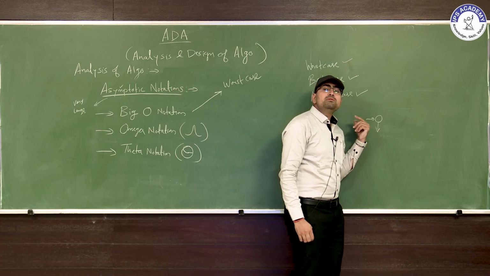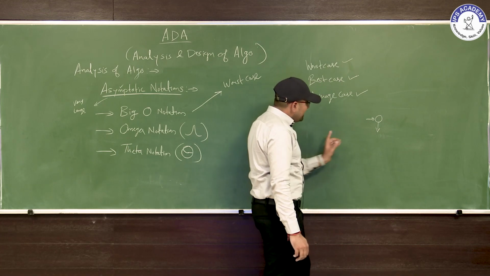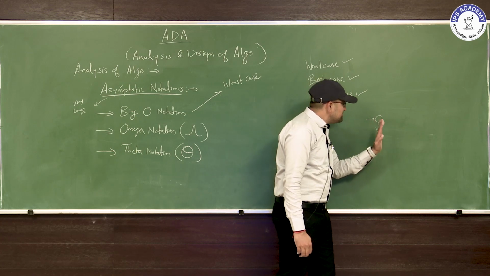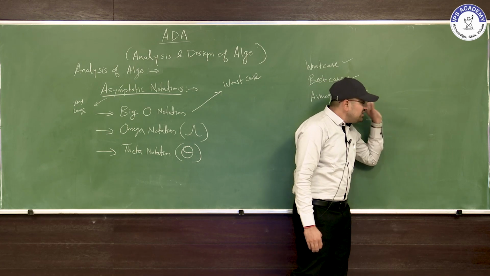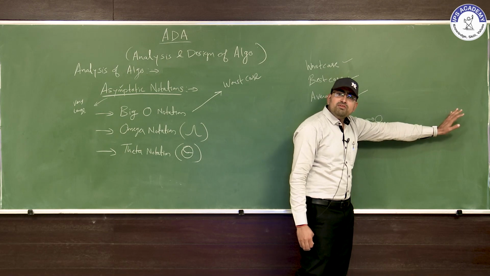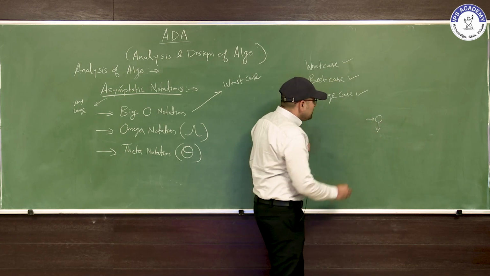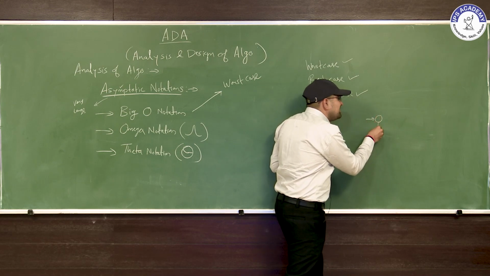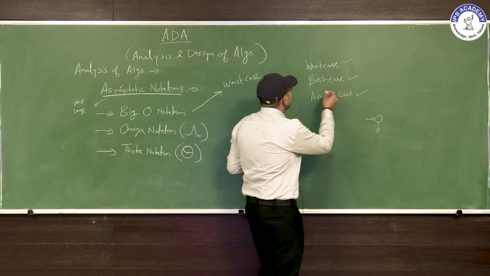That would be the best case of your algorithm. We start with the first one, compare with the first, then second, third, fourth, and keep comparing until we find the object we are searching for. So if we are lucky enough to find it at the first place itself, that is the best case of that algorithm.